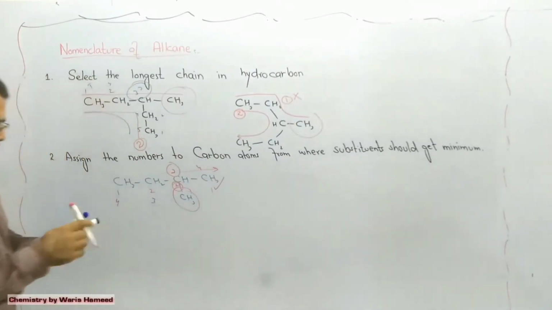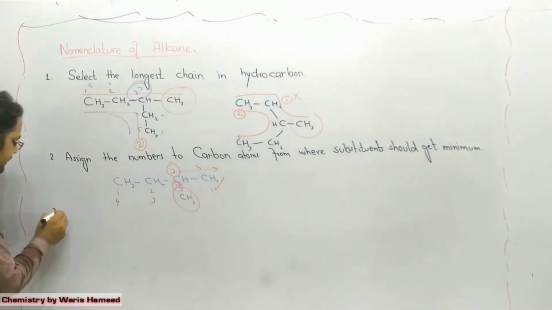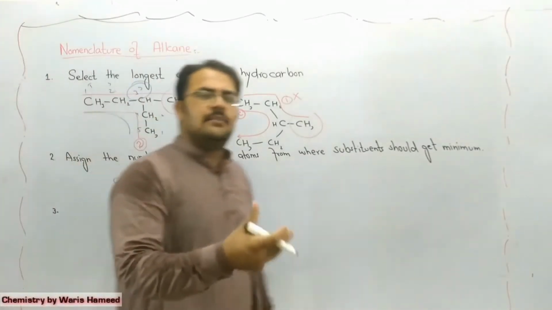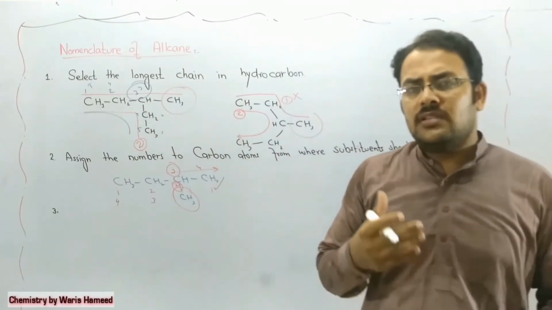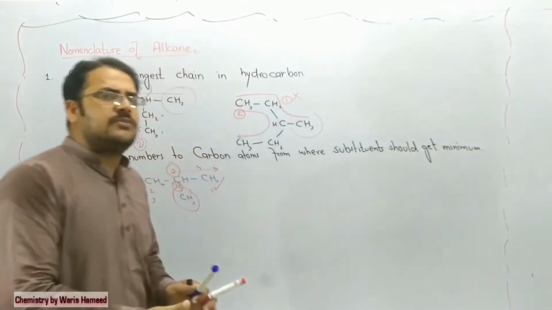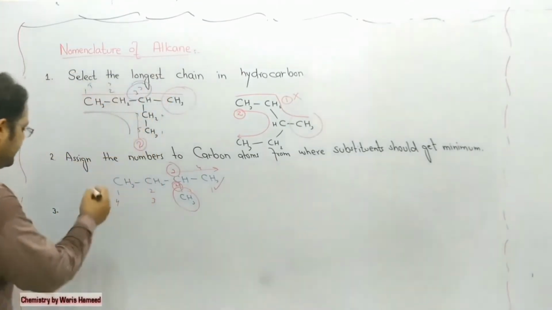The next rule is to assign the position to a substituent and give the name to the substituent, and at the end you have to name the parent chain.